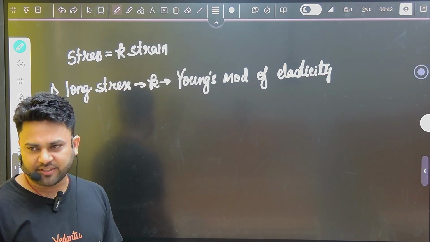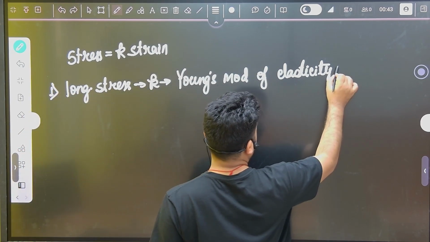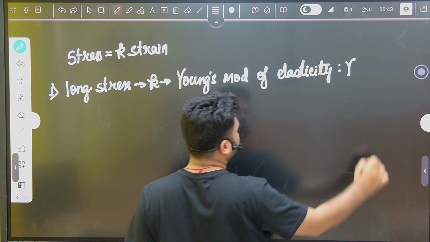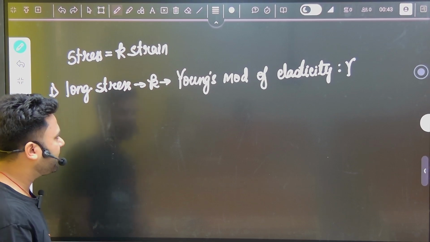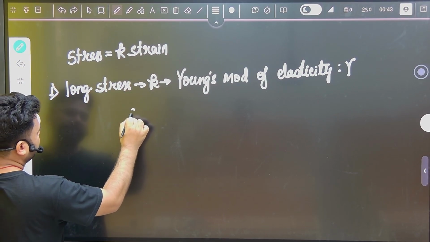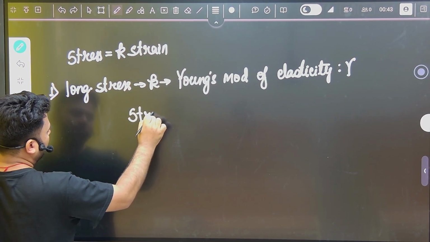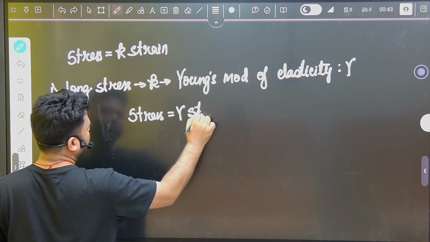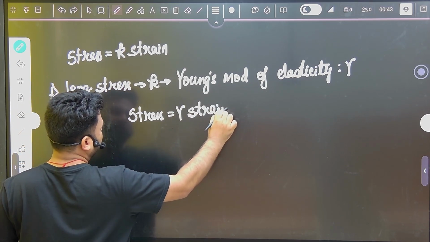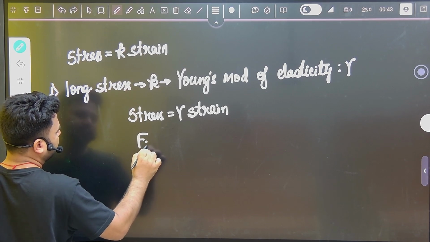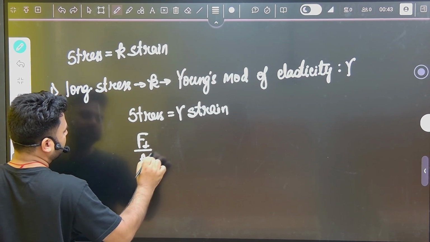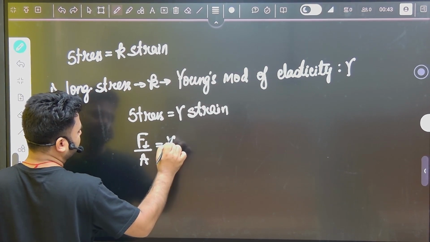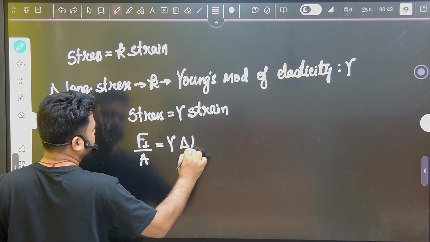Sometimes in some books you will see this K value written as Y also, Young's modulus. Means you can write stress equals Young's modulus into strain. So stress is force perpendicular divided by area, into the constant, that is Young's modulus, into strain, delta L by L.